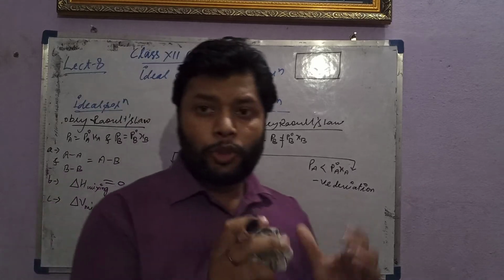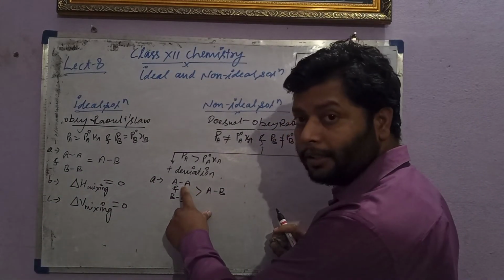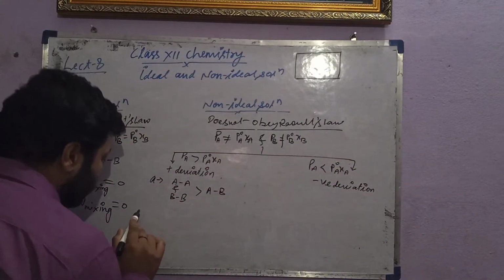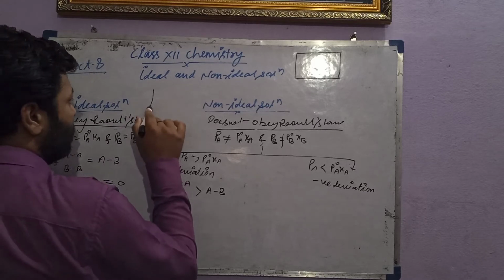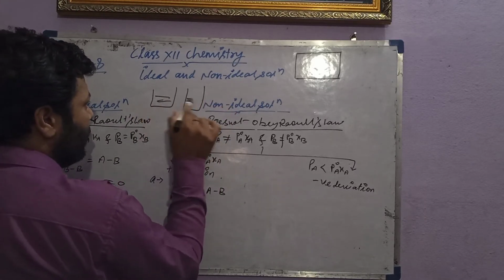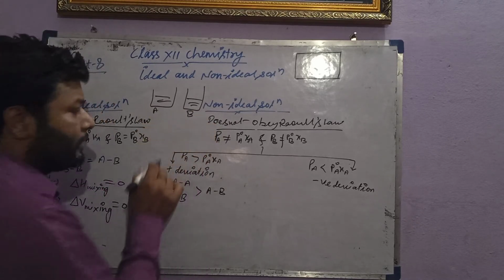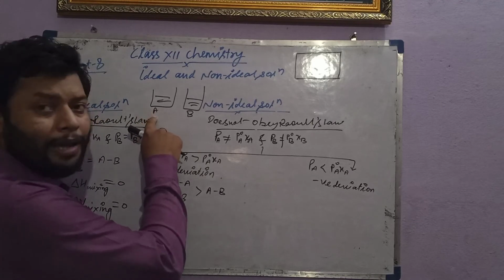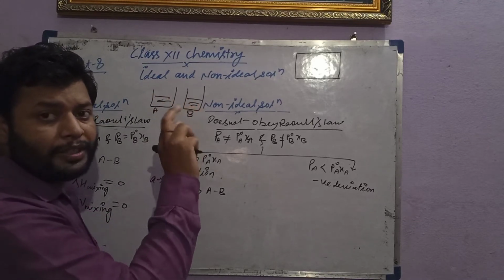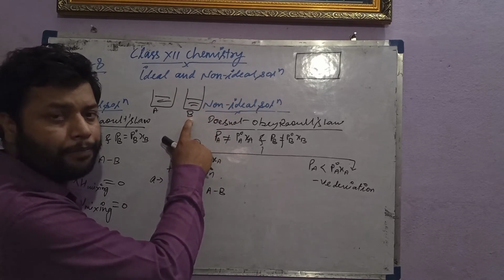Before mixing, suppose we are having two different liquids. The force of attraction between the A molecules is called A and A, and the force of attraction between B molecules is called B and B.